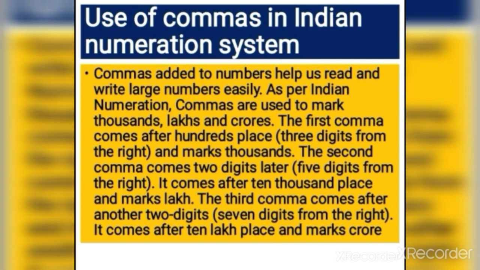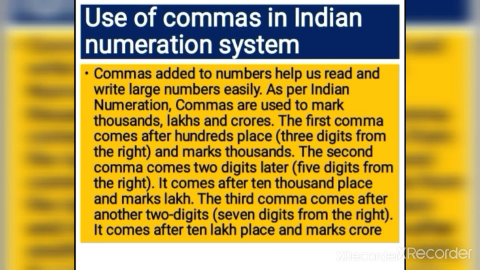The second comma comes 2 digits later, that means 5 digits from the right. It comes after the 10,000's place and marks lakh. The third comma comes after another 2 digits, that means 7 digits from the right. It comes after the 10 lakh place and marks crore.